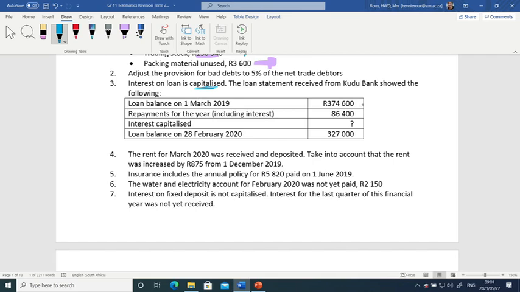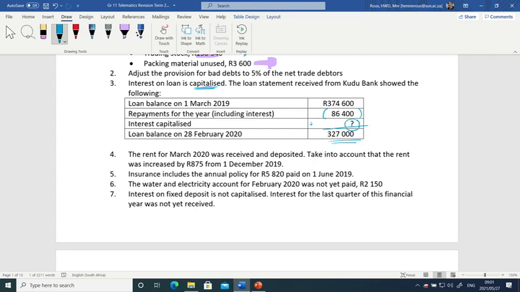The loan at the beginning, then we made payments, and obviously those payments will decrease the amount that I owe on the loan. And now we must add interest capitalized in order to get the closing amount of 327. So how do we calculate that? We work from the bottom upwards in order to get that question mark.